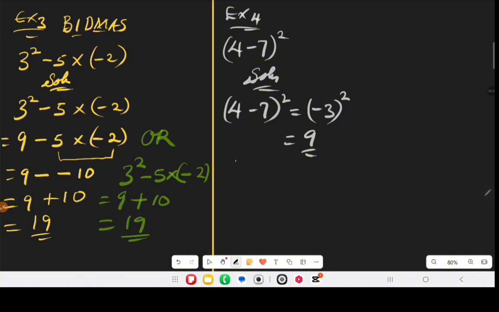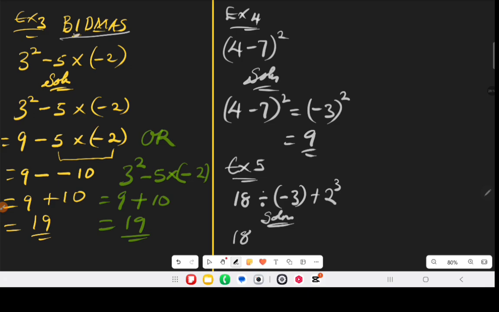Then another one, example 5. If we have 18 divided by minus 3 in brackets plus 2 raised to the power of 3. Solution, using BIDMAS, which we have here, we have to solve the power first, which is index.